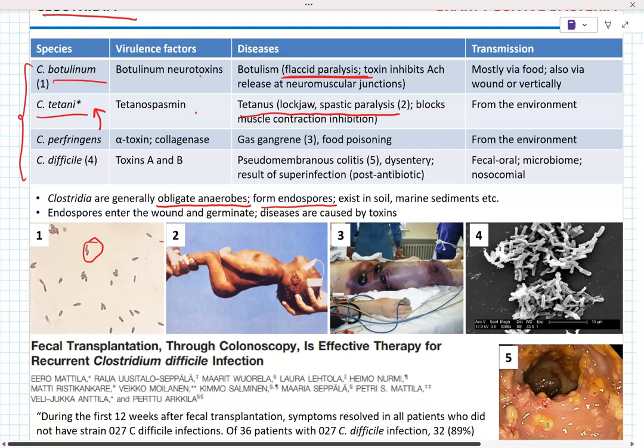Next goes, both of them are environmental. Clostridium botulinum, though, is mostly transmitted by eating food that is contaminated, but still environmental. Clostridium tetani and Clostridium perfringens come from the environment, from the soil, pretty much. Clostridium perfringens causes gas gangrene. That stuff, you'll see. Remember that these microorganisms are anaerobes.